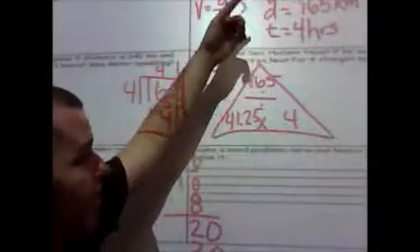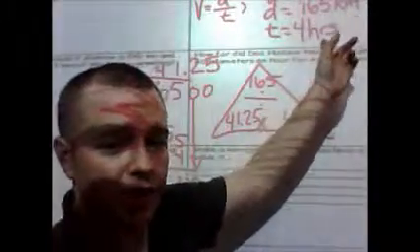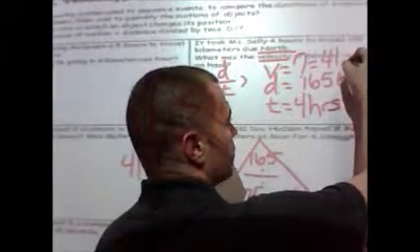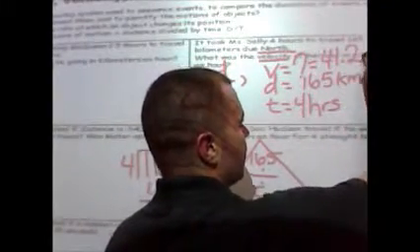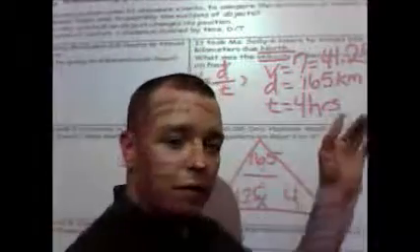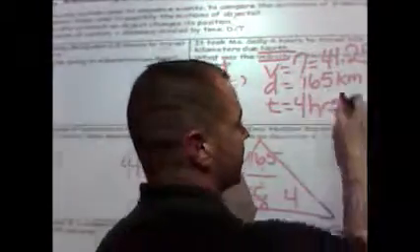I must have the units of measurement, kilometers and hours, and I also must have direction. Hopefully you were already thinking about it. So 41.25. Now, what was my unit of measurement for my distance? Kilometers.